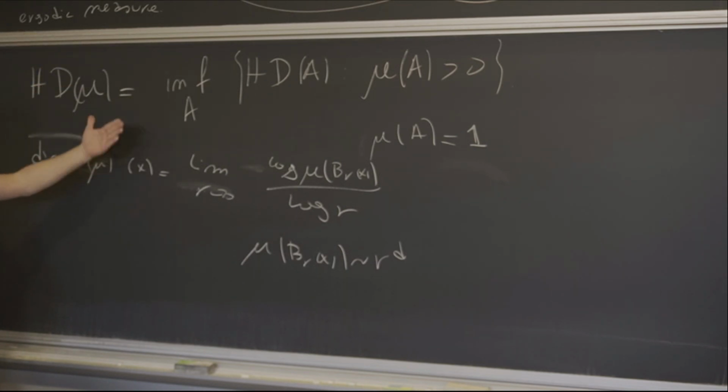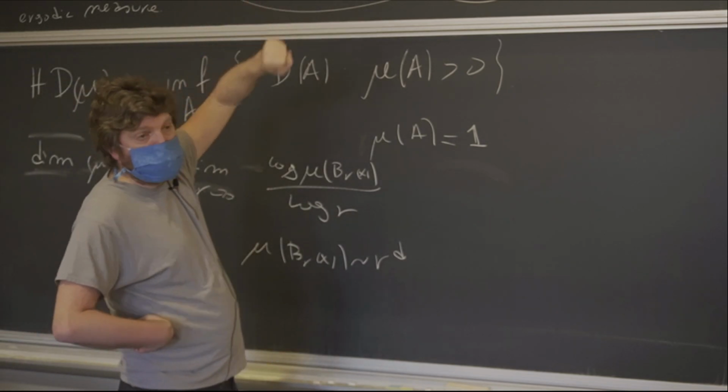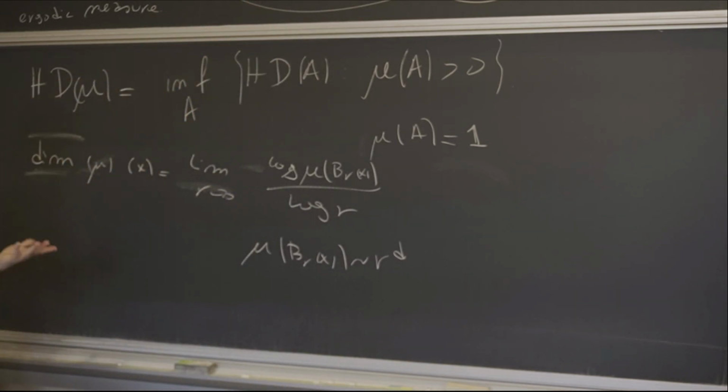Again, upper and lower give different bounds. And once you know that the dimension exists at every point and is the very same number, which is our case, then you really can essentially show that this Hausdorff dimension is the same as this delta mu that is appearing here. So these two definitions will coincide.